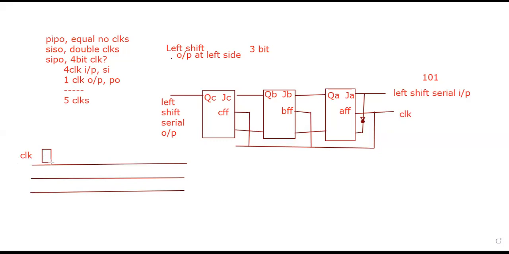It is in terms of square waves. We have to draw a minimum of 6 clocks because it is serial, so we require 6 clocks, 3 for input and 3 for output. And be careful, we are drawing positive edge triggered clocks. So it should be like this.